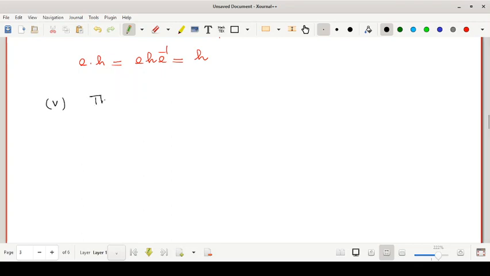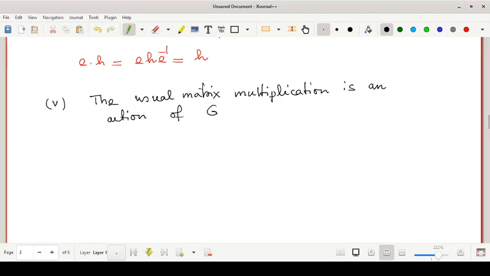The usual matrix multiplication is an action of the group GL_n(R) on the set of all n by n real matrices.